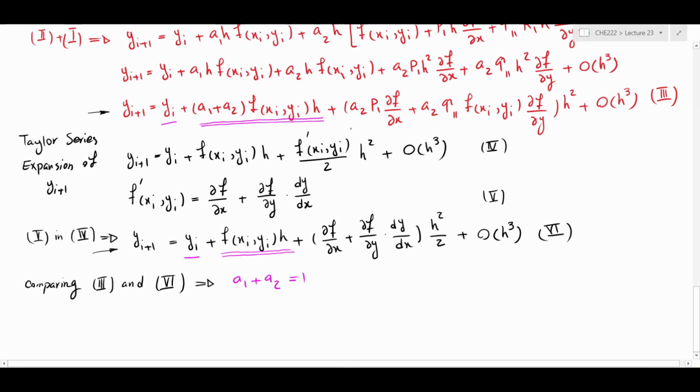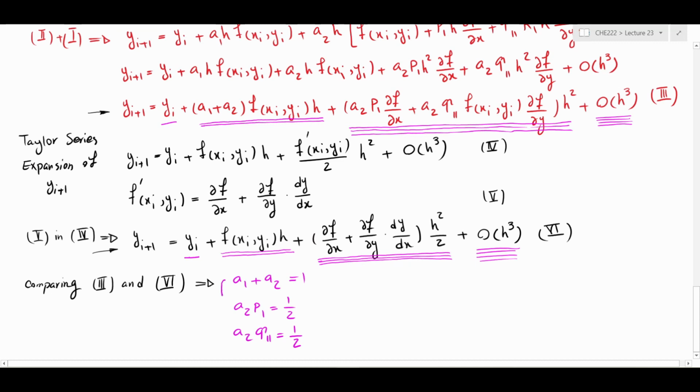And then if I compare the third term, I can conclude that a2 times p1 is equal to 1 over 2 and a2 times q11 is equal to 1 over 2. And as you can see, both expressions have truncation errors on the order of h cubed.